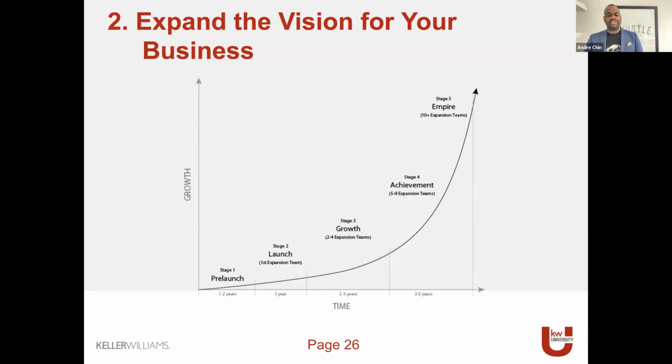As I mentioned, our first launch happened in Hamilton, at the tail end of 2018 going into 2019. And then in 2020, so that was that 1 year gap. In the last 2 to 3 years, we've been able to partner with 3 to 4 more businesses in the growth phase. Now we're starting to step into that achievement phase. And we know that over the next 2 to 5 years, our goal is to get into that 10 plus expansion.